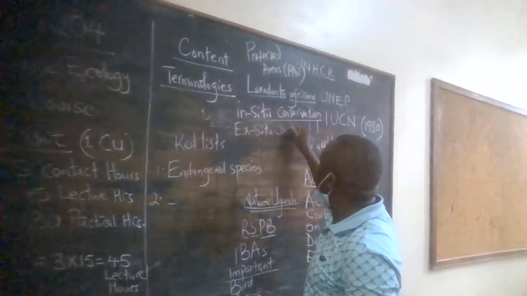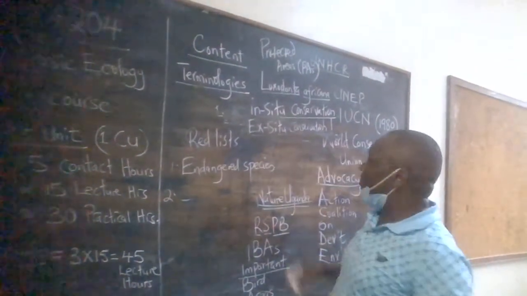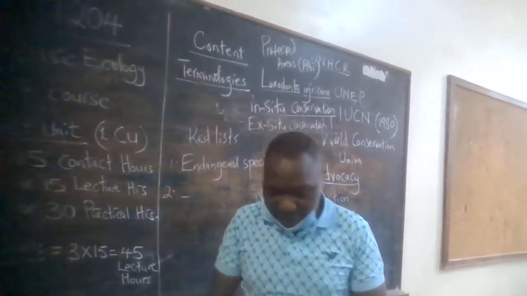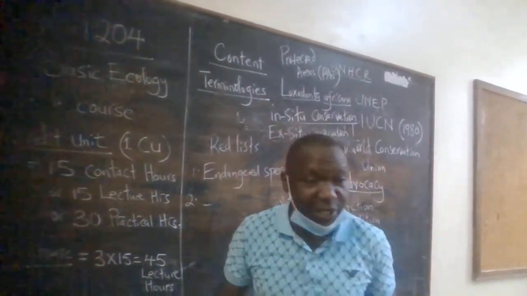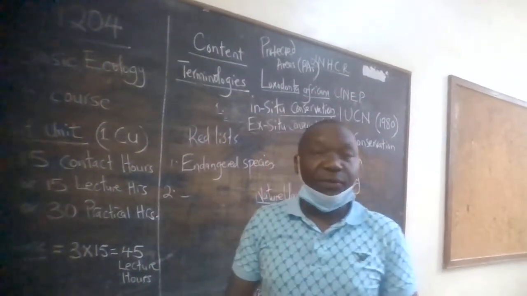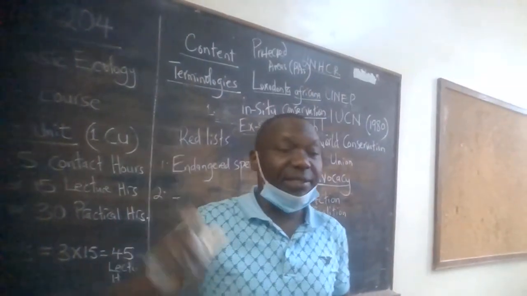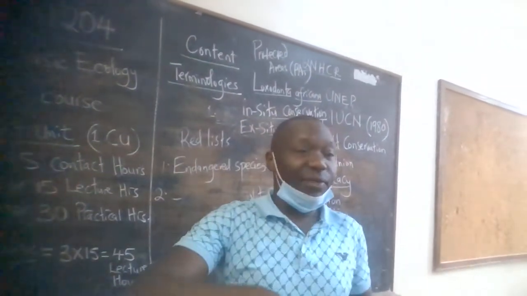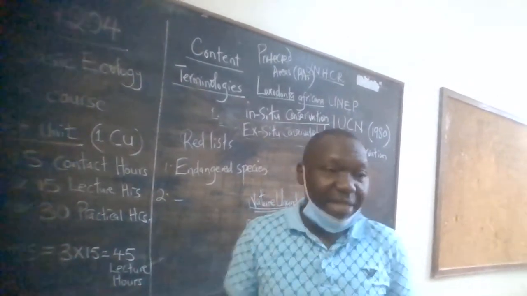Ex situ what? Conservation. So I'm still saying that IUCN, the World Conservation Union, has categorized protected areas. Those for in situ conservation include the national parks, the wildlife reserves, the wildlife sanctuaries, controlled hunting areas, and others.